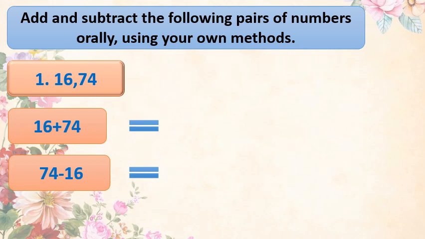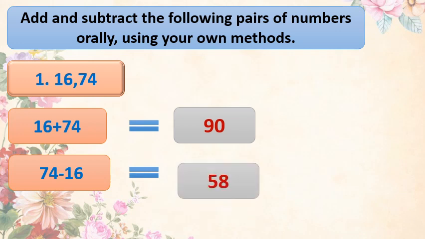If you do like this, it will become very easy to calculate. 74 plus 10 is 84. Correct? 84 plus 6 is nothing but 90. And in the second sum, 74 minus 10 is 64. 64 minus 6 is 58. Isn't it?